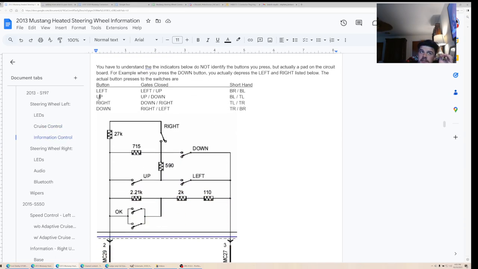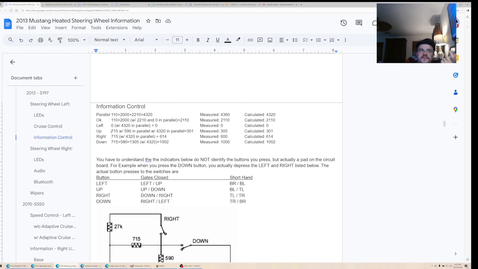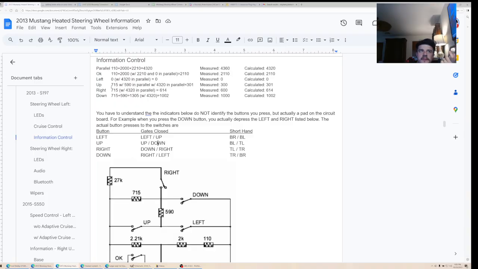When I press up, it's going to close the up gate and it's going to close the down gate. So if I go this way, it goes this way, I get a 590 resistance and it goes down to the exit. However, I don't get a 590 measurement because this is creating a parallel circuit of 590 and this 4,320 resistance here. And so you have to calculate the total resistance in parallel.